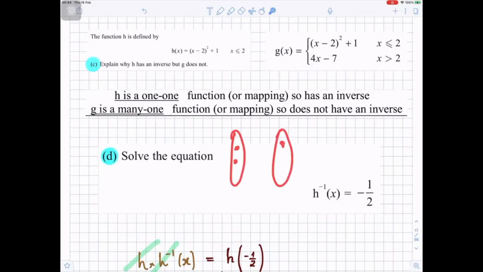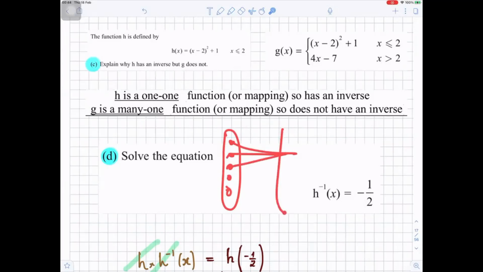One-to-one is like that, and you can come back the other way. Many-to-one, like you can have 1, 2, 3, 4, 5, and there are 3 of them that go to 1. That's many-to-one, and you cannot come back. You don't know where to come back to.